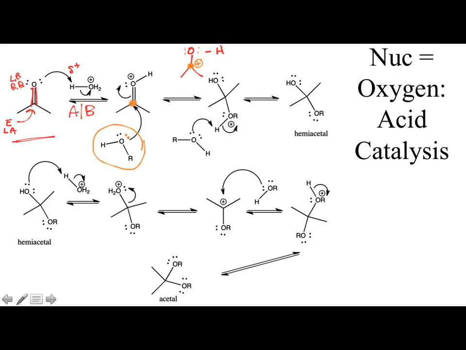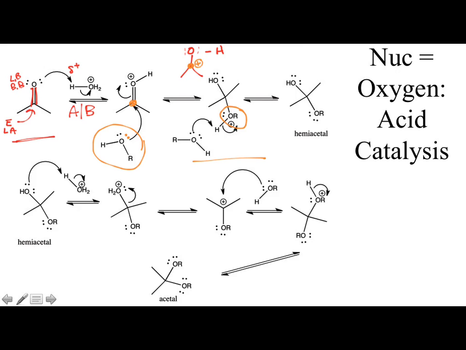Those electrons can be donated back to that carbon, forming a new bond. In the process, we have to break the bond between the carbon and the oxygen. Those electrons will shift up onto the oxygen, and we end up with an intermediate. That intermediate starts to look an awful lot like our hemiacetal, except the alcohol that we put in there to begin with, that oxygen is positively charged.